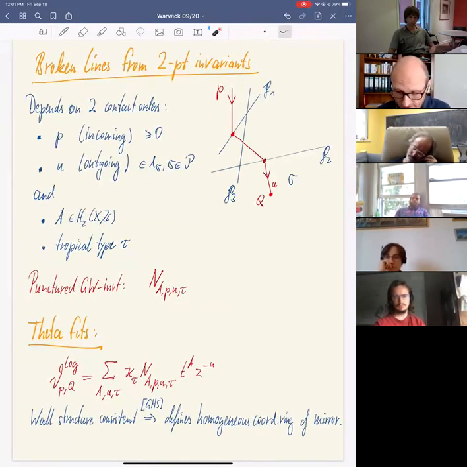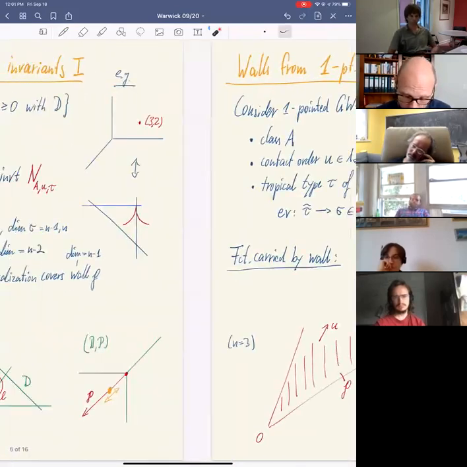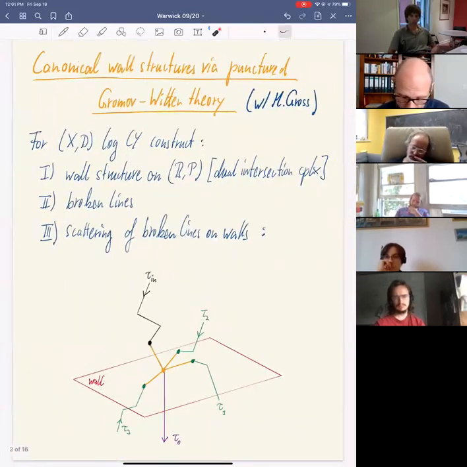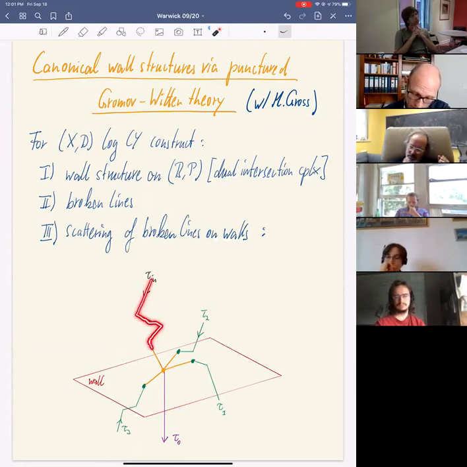Now, the second thing I wanted to do, let's go back again to this very first picture. So I've told you what this wall is in terms of they carry the information of one punctured Gromov-Witten invariants. And the puncture tells you how to interact with D. And then I'm trying to define next these objects, which are called broken lines.